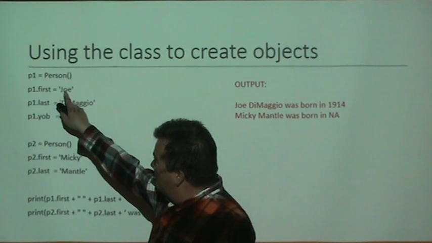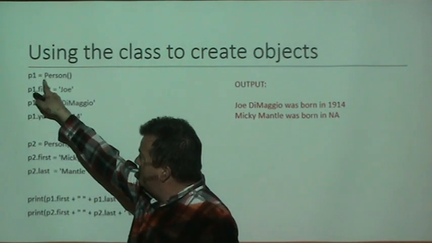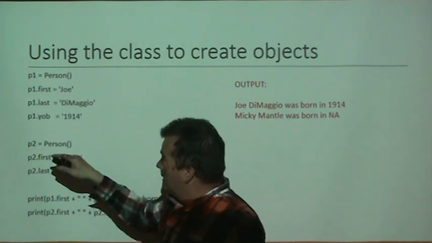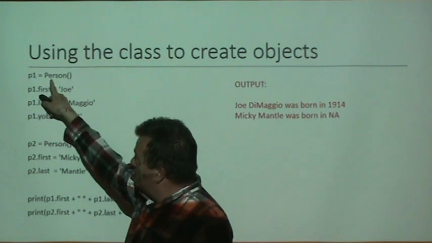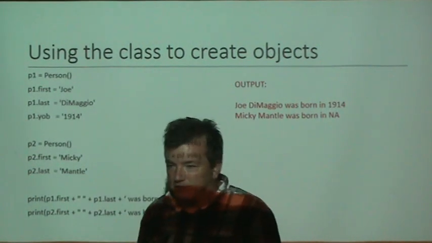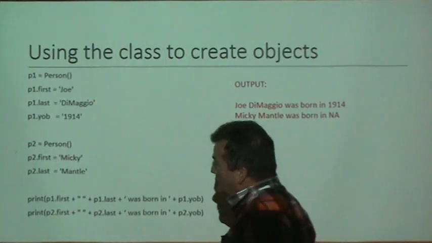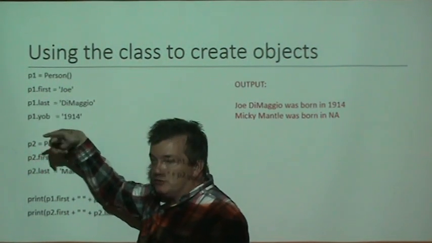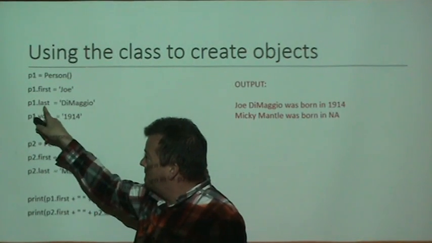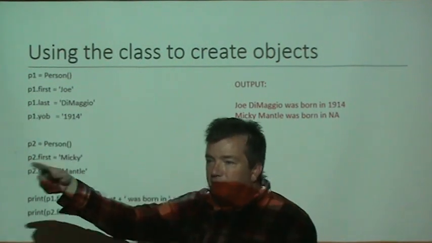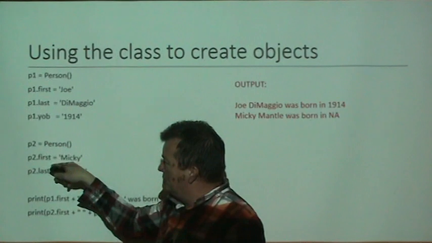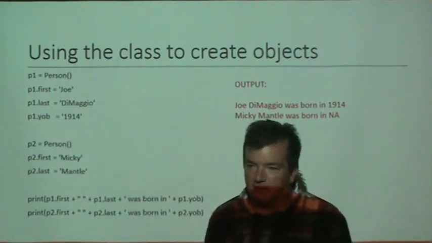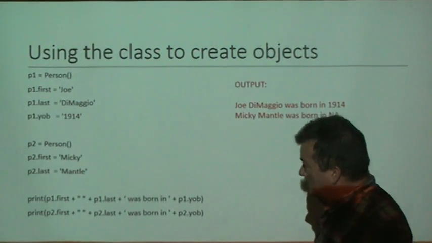So I could say variable p1 equals a person. So what I'm effectively doing is I'm calling the function that creates a person. So I can say p1.firstname is Joe, p1.lastname, that's the subfield, last name is DiMaggio, p1's year of birth, 1914. And I could do that.